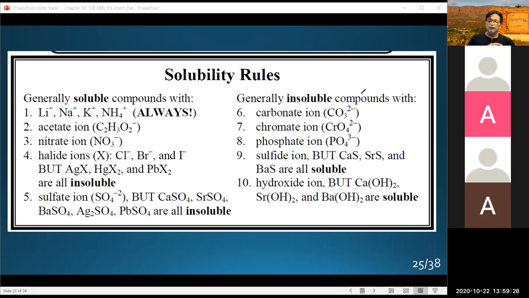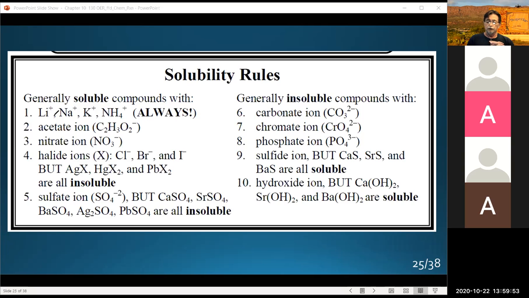With respect to the soluble, whatever is bonded to those 4, regardless of what the anion is, it is soluble. A lot of our medications are bonded with these 4 simply because of their solubility. They're easy to digest and easy to go into solution.